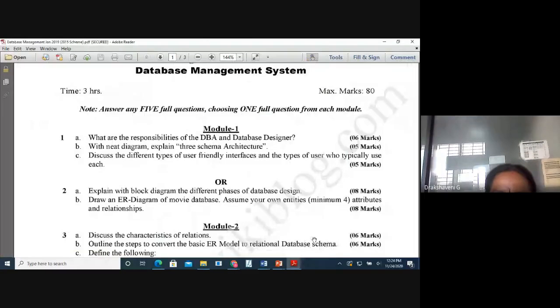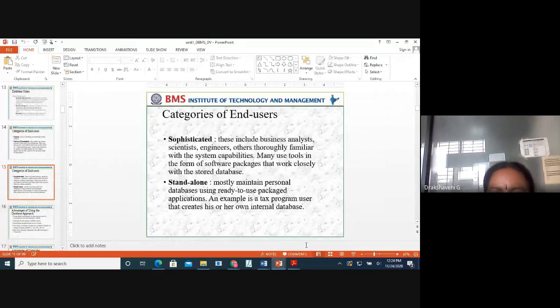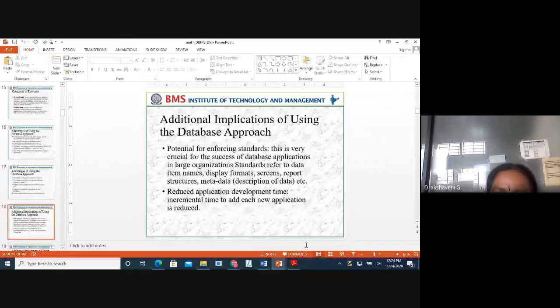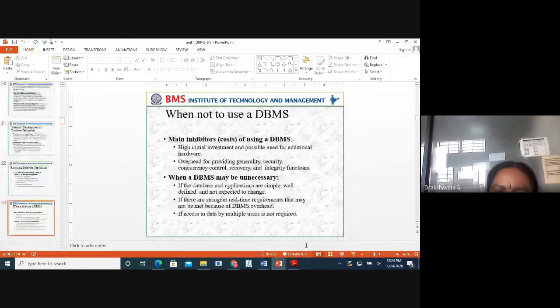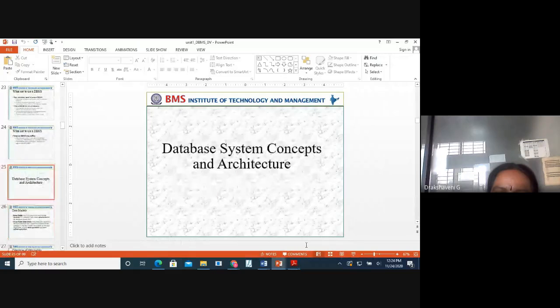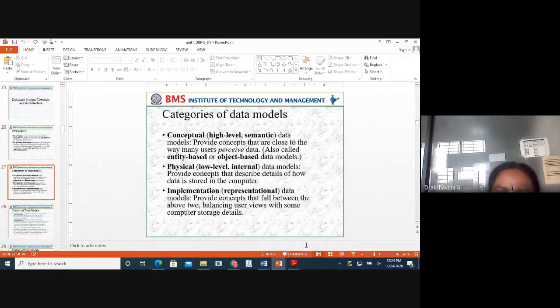And explain with a block diagram the different phases of database design. So what you have to write: these are the advantages. This is historically the conceptual data model.